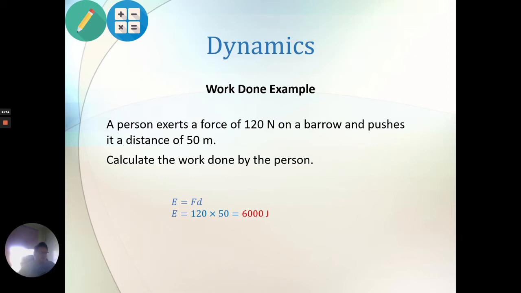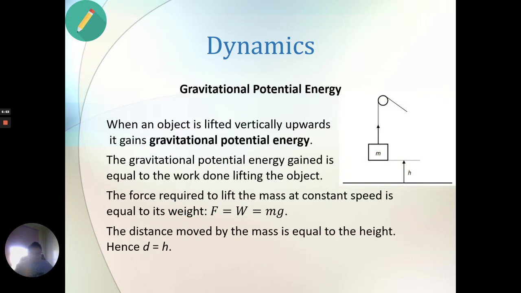What we also need to think about is what happens if we lift an object, because this was about pushing or rolling an object on a flat surface. So what happens if we lift it in the air? Well, the force required to lift an object is just its weight. So we sub out the force for weight.